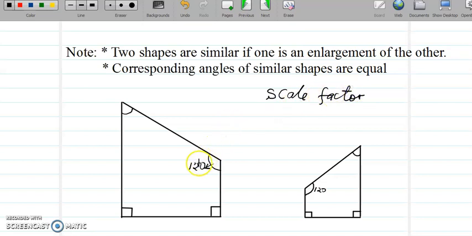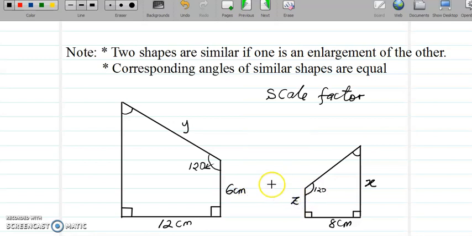Now, example, maybe I have here to be y, and here x, and maybe this side is 12 cm, and here is 8 cm. Maybe I have this side to be 6 cm, and here to be z.